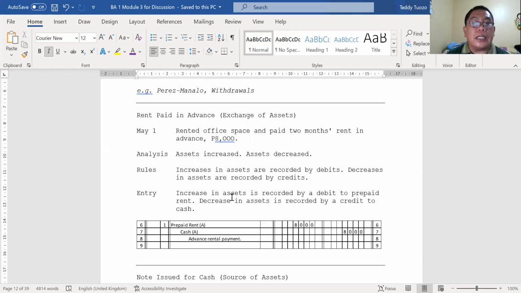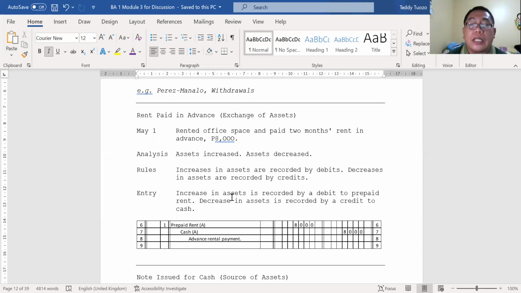So analysis: the asset increased and at the same time, the asset decreased. In what form is the asset increase? In the form of prepaid rent. You can still use it. You paid it, so it's an asset that is being affected at the same time.